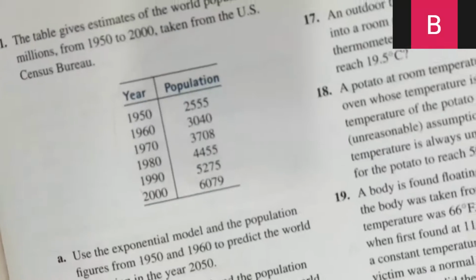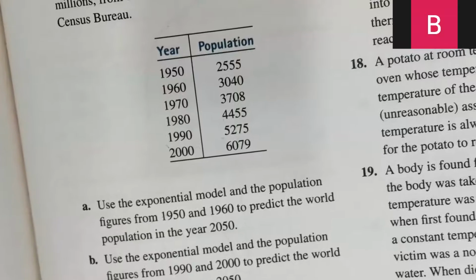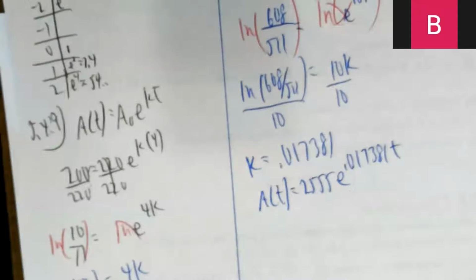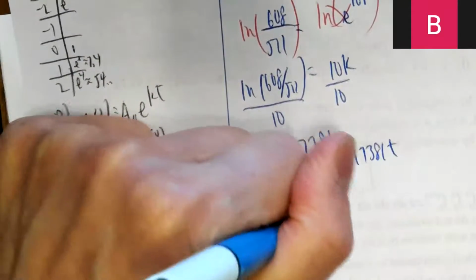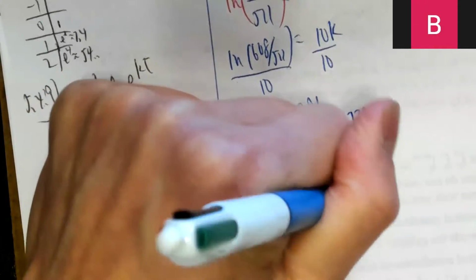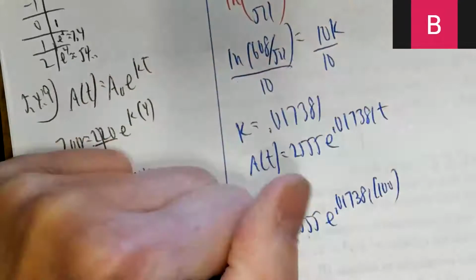Now it says predict the population in 2050. Our starting point is 1950, so that's 100 years. So t equals 100. A of t is 2,555 e to the 0.01738 times 100.